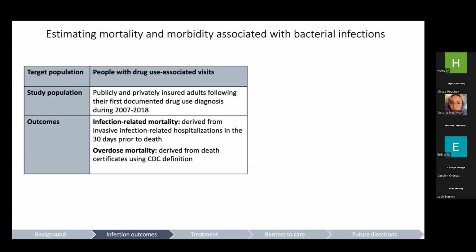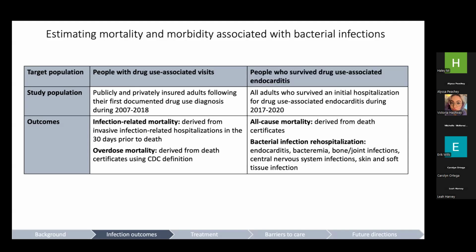And that gives us a little bit more of a concrete measure than what we could do by just trying to estimate with death certificates alone. And then we also looked at overdose mortality, and because this is more accurately coded on death certificates, particularly in North Carolina, we just used that data with the CDC definition.